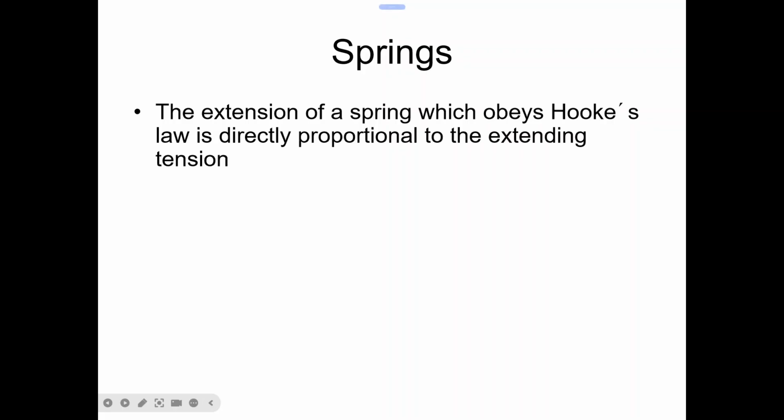So for springs that obey Hooke's law, the extension is directly proportional to the extending tension. The extending tension here is the force applied, or in DP, we focus more on the force within the spring itself, which we call the restoring force.